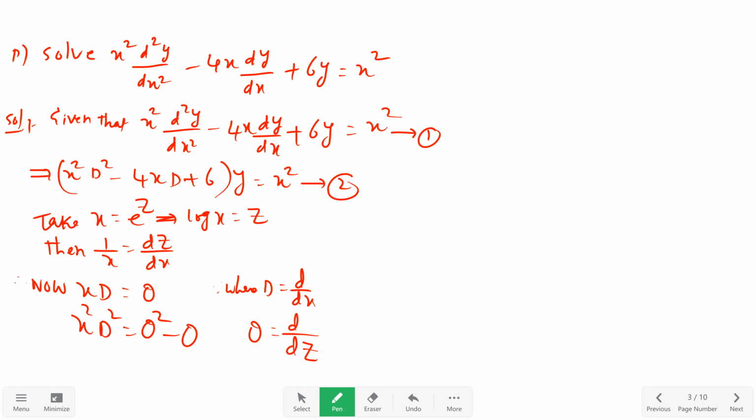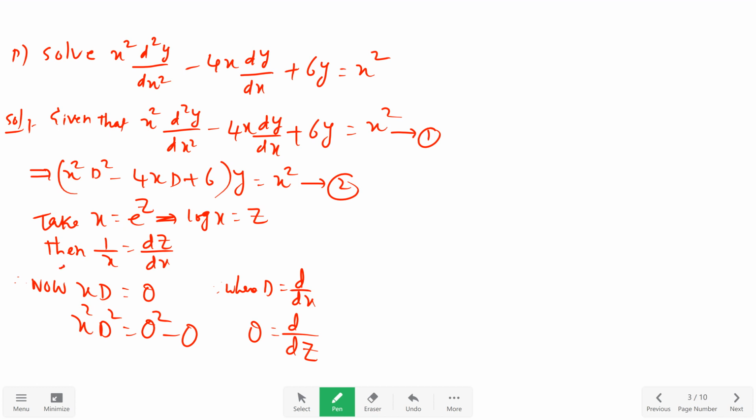How do we get this? We take the substitution x is equal to e power z. Then we take logarithm on both sides, and we get log x is equal to z. Then differentiating on both sides with respect to x, we get 1 by x is equal to dz by dx.